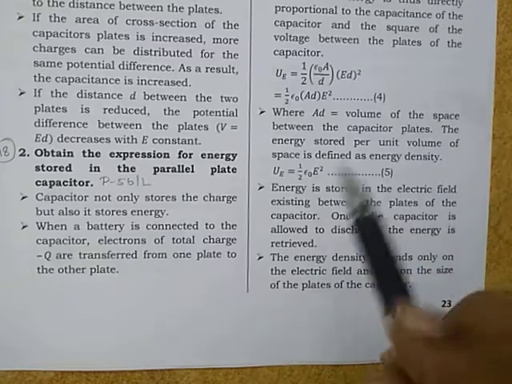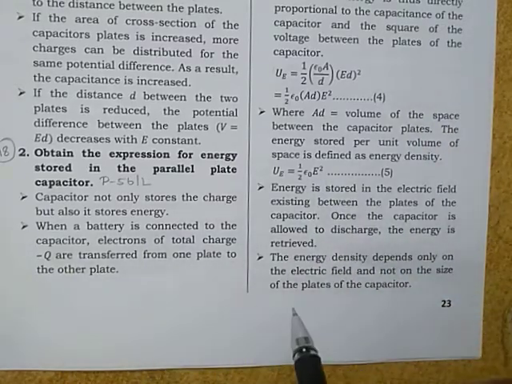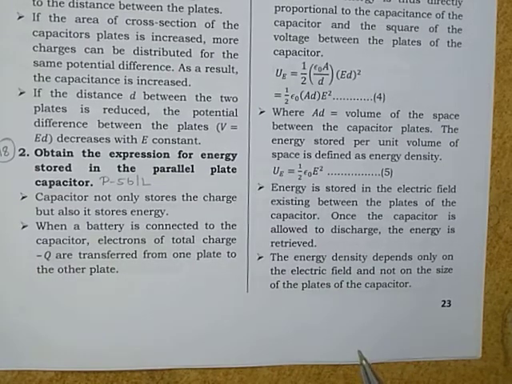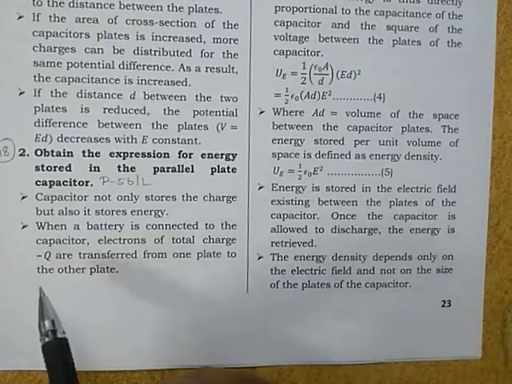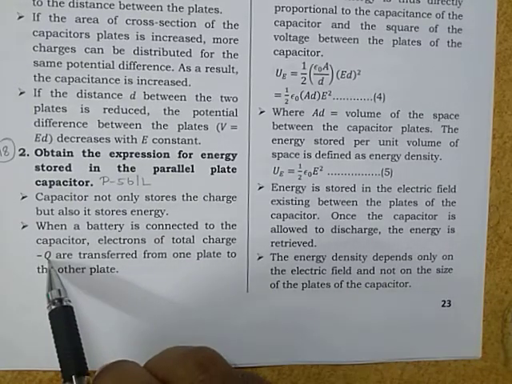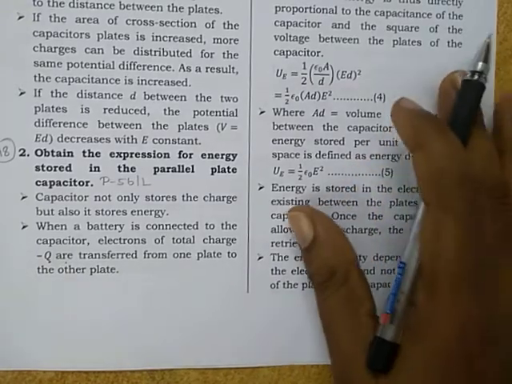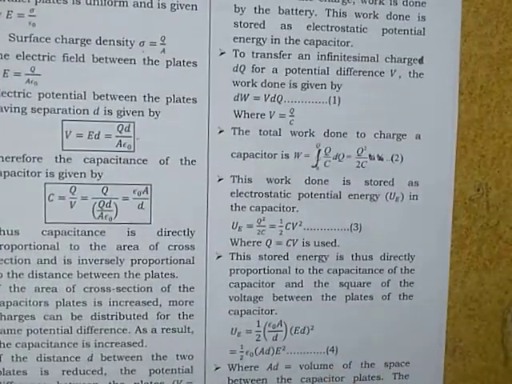See, suppose I consider a capacitor like that, and it is connected with a battery, it will move the charge. Suppose it moves minus Q charge from one plate to another plate, by taking some energy from the battery.